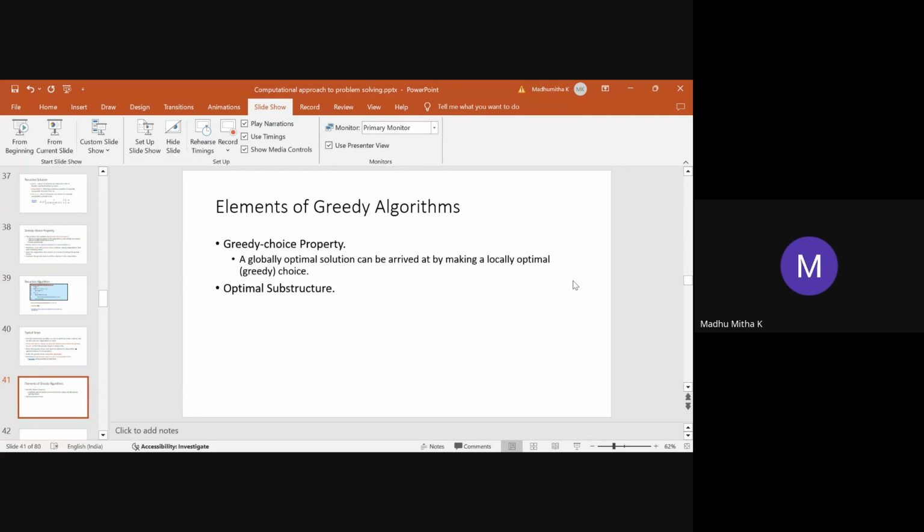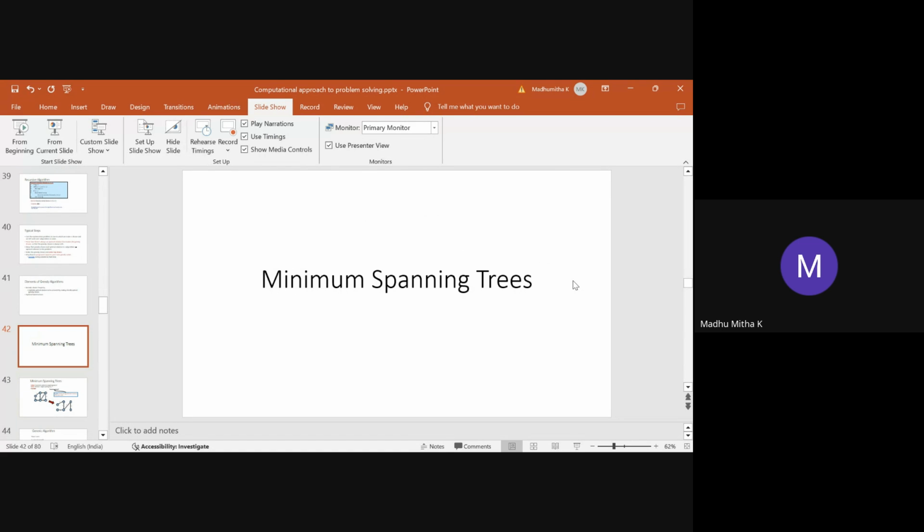Actually, the dynamic algorithm plays a heavy role in reducing the size of data. For this application, the best approach is the dynamic approach. But still, we have some limitations for using this greedy approach.